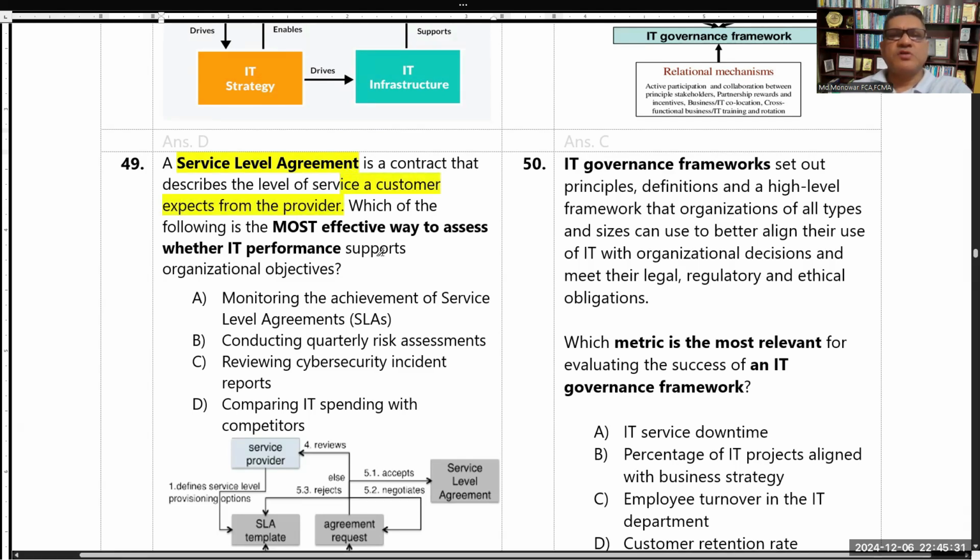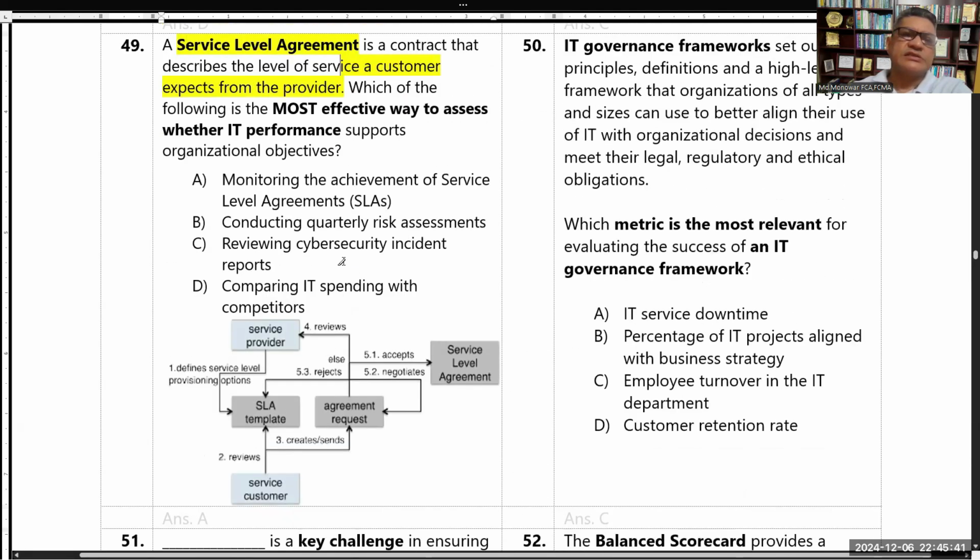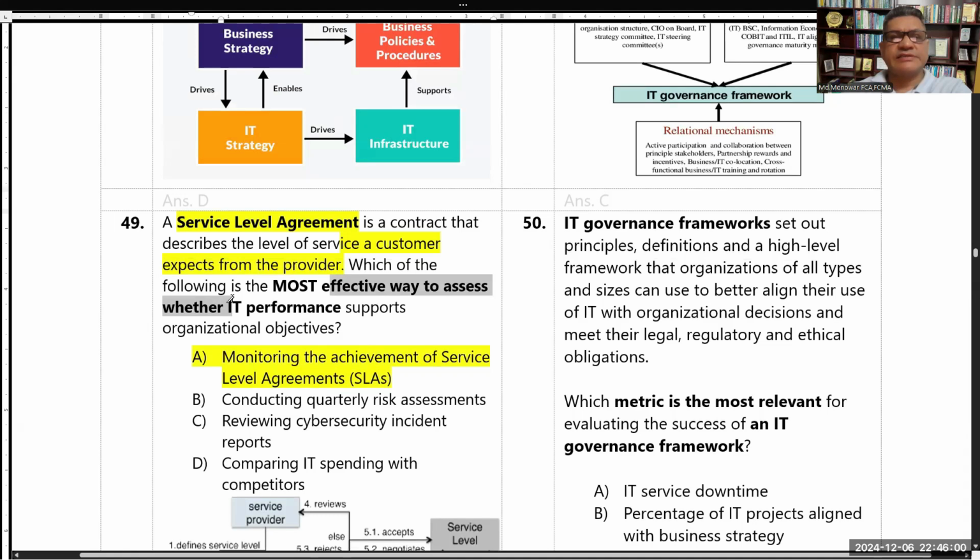Which of the following is the most effective way to assess whether IT performance supports organizational objectives? So here the answer is monitoring the achievement of service level agreements. Answer A. It is the most effective way to assess whether IT performance supports organizational objectives or not.